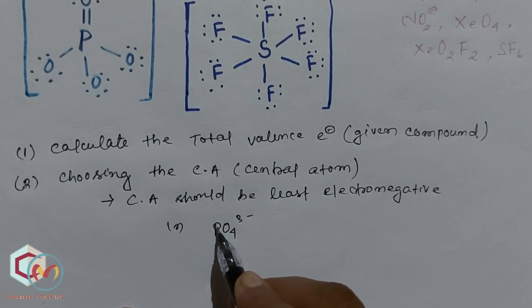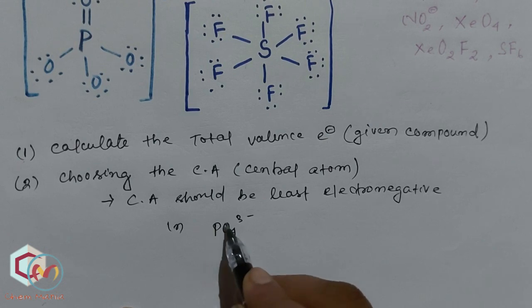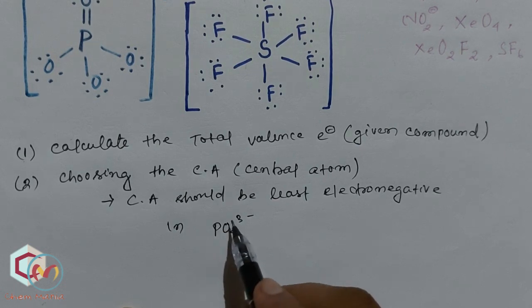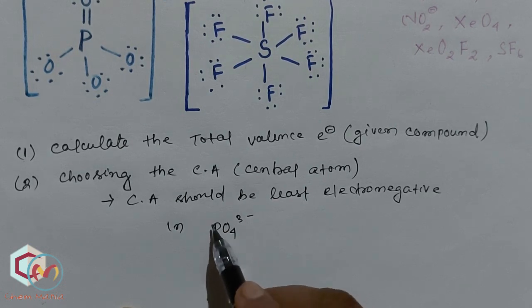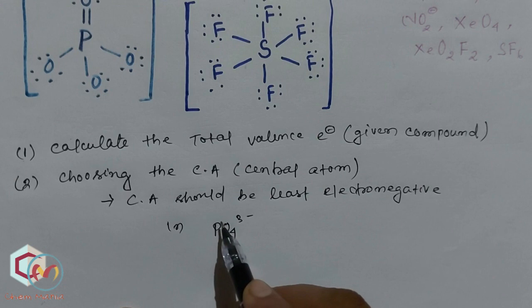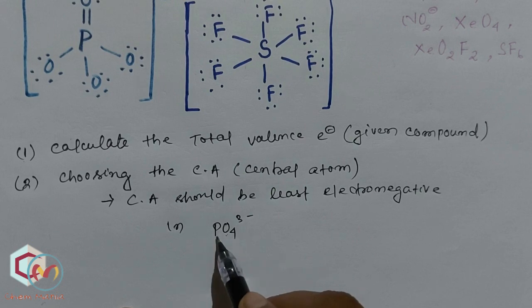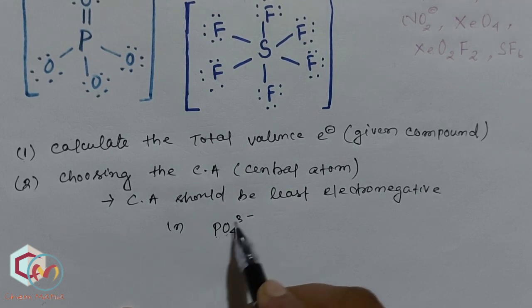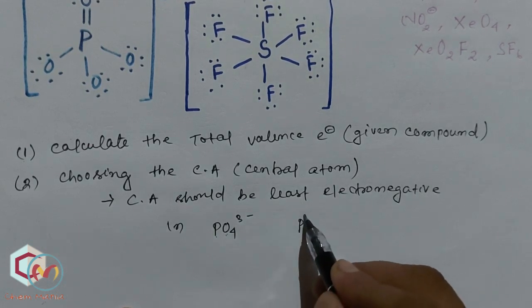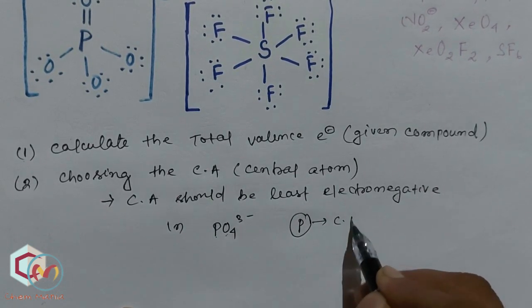Between phosphorus and oxygen, which one will be the central atom? The least electronegative element among the different atoms will be chosen as the central atom. Here oxygen is more electronegative than phosphorus, so phosphorus is less electronegative. Therefore, we will choose phosphorus as the central atom.